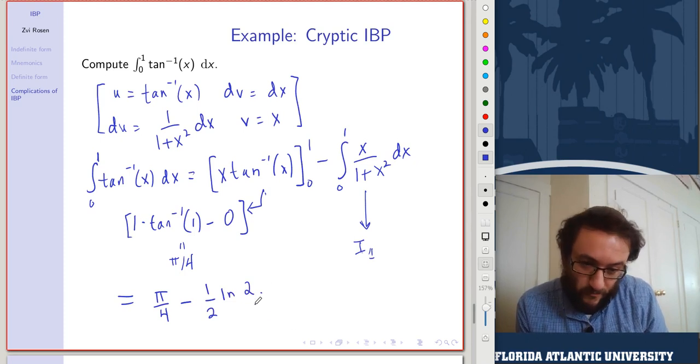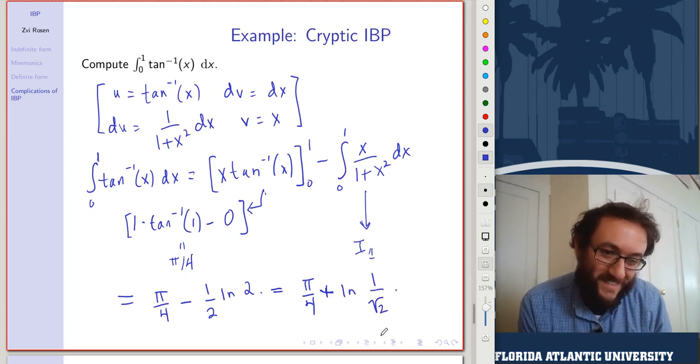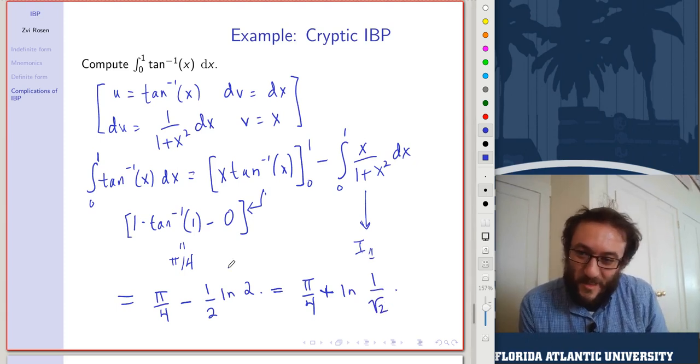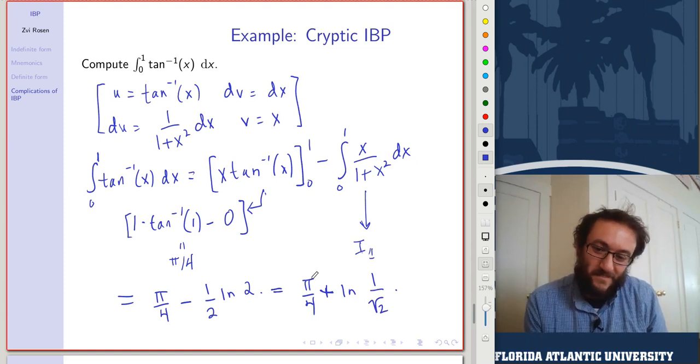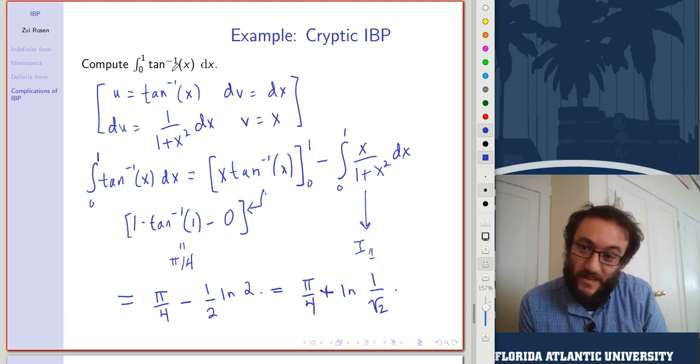Okay, and if you want to get really fancy, you can make this pi over 4 plus ln of 1 over the square root of 2. But that's not necessary. Okay, but this is kind of an interesting answer to get for what seems to be a relatively simple integral.